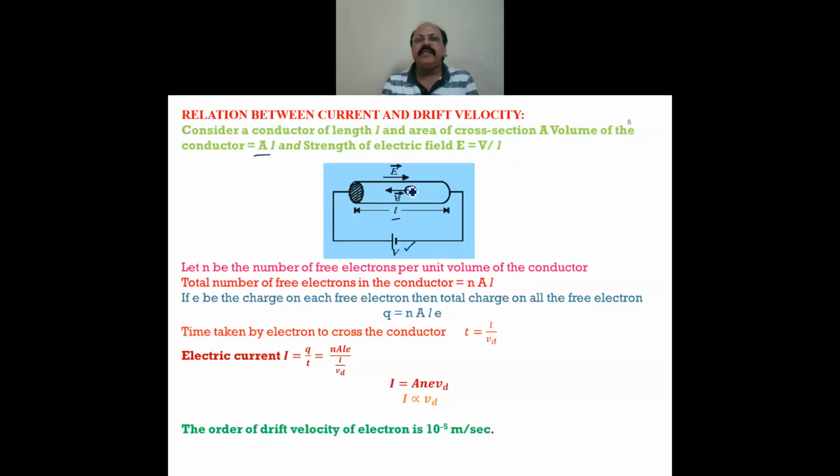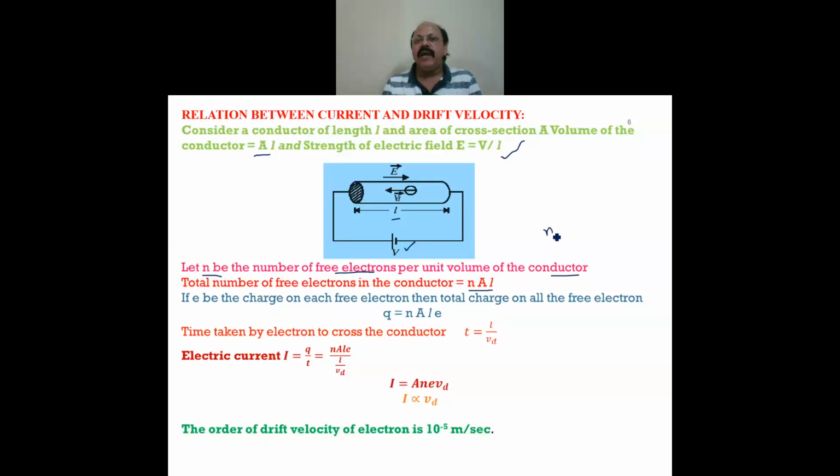Then electric field is set up, that is E equal to V upon L. If we say that small n be the number of free electrons per unit volume of the conductor, then total number of free electrons in the conductor becomes nAL.